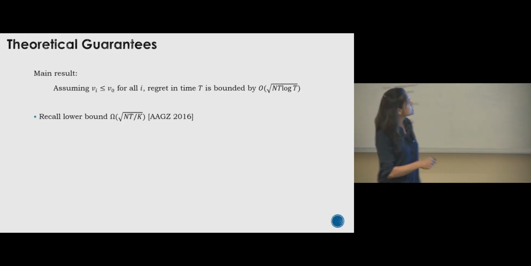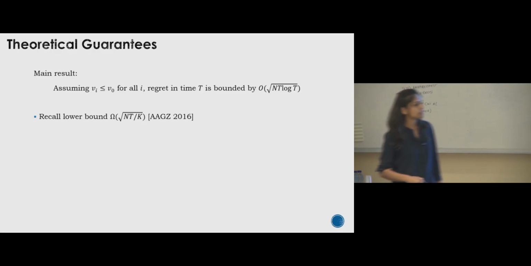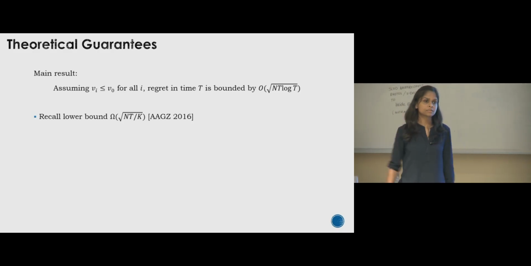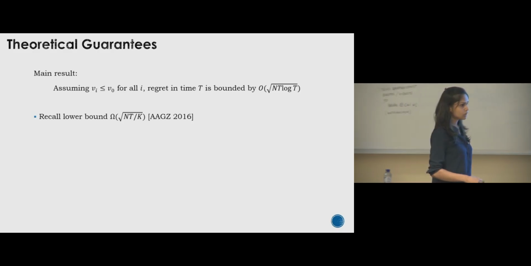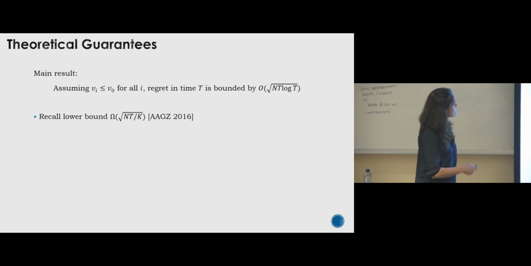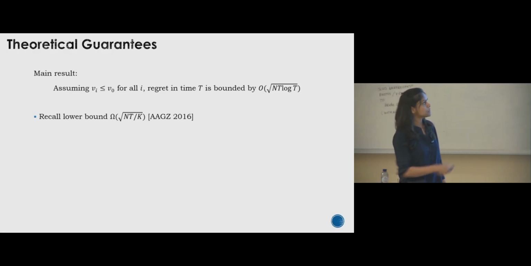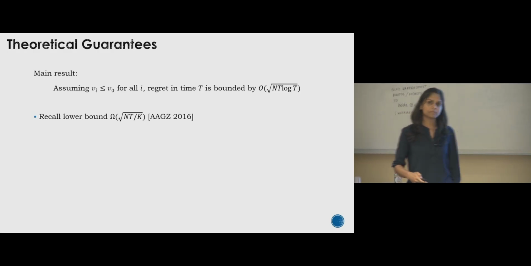So the overall result, the theoretical guarantee we get, is that you can get square root of NT log T under a mild assumption that the no purchase option has the highest probability among all the options. And we have a lower bound for this case, which is square root of NT over K, from our earlier paper.